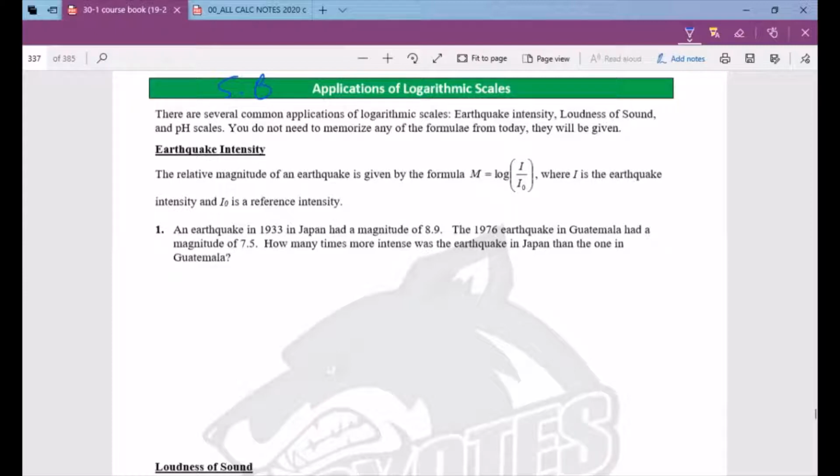All right, so here's this formula: M is equal to log I over I naught. I naught is an abstract idea; it's essentially your benchmark of the lowest possible measurement of seismic activity, the lowest possible shaking that the earth can do. I is the intensity of the earthquake that you're studying.